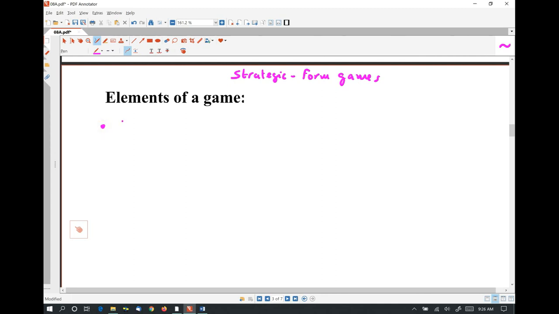One is the players. We need to say how many players there are and who they are. Now, we normally call them players 1, 2, and 3, or we call them Anne, Bob, and Carla, whatever. But we specify the set of players. Then we need to specify for each player his set of strategies.